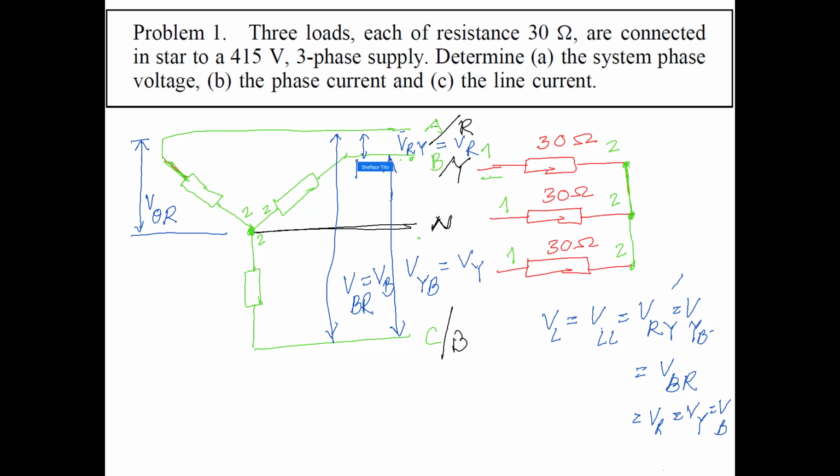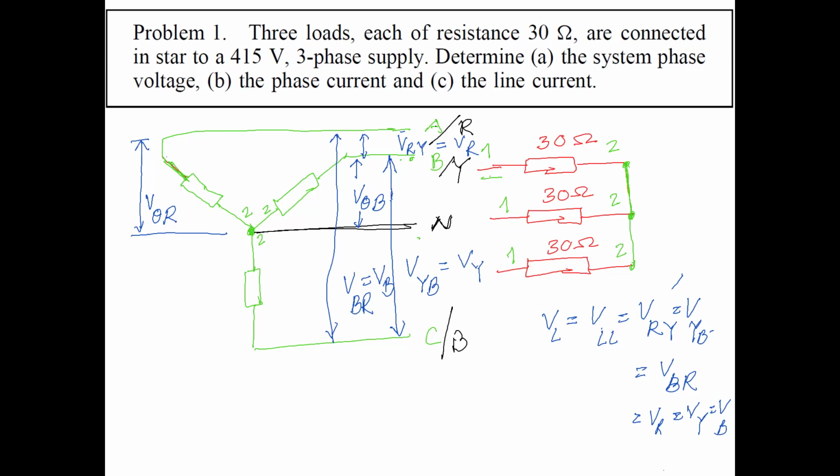So this one is B, that means the blue phase and the neutral. This is also a phase quantity, between blue and the neutral. I don't need to write N. Whenever I have written theta, that indicates this is the phase quantity, and a phase quantity is always between neutral and one of the lines.